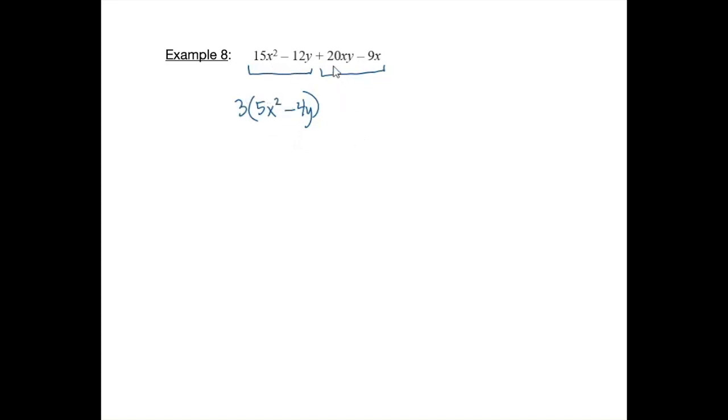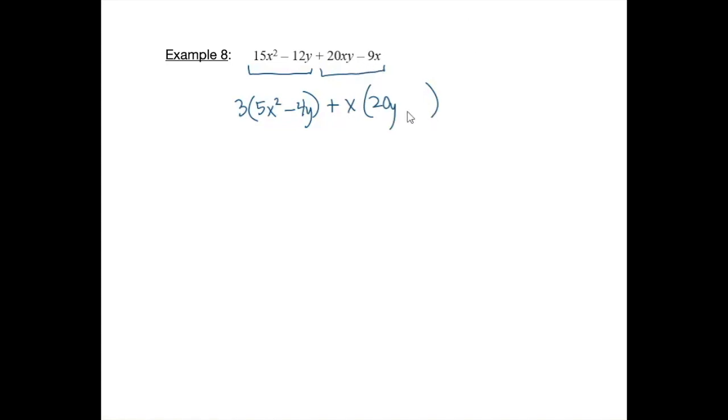In the second pair, the coefficients 20 and 9 do not have a common factor. We do get a common factor with the variable x. So we'll factor out an x. X times the first term equals 20xy. So the first term will be 20y. And x times the second term will equal negative 9x.